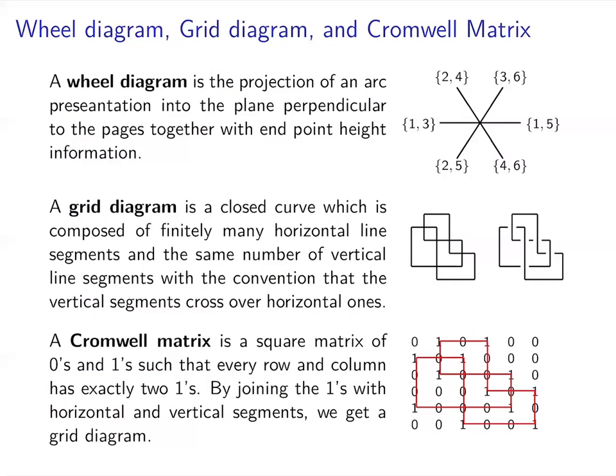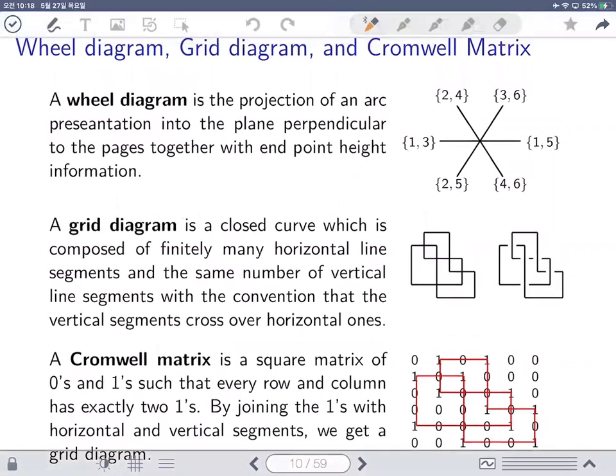And you can also have a grid diagram. It's a closed curve which is composed of finitely many horizontal line segments and the same number of vertical line segments, with the convention that the vertical segments cross over the horizontal ones. So here, this is a grid diagram, and then you can interpret it as this knot diagram. So the vertical line goes over the horizontal lines.